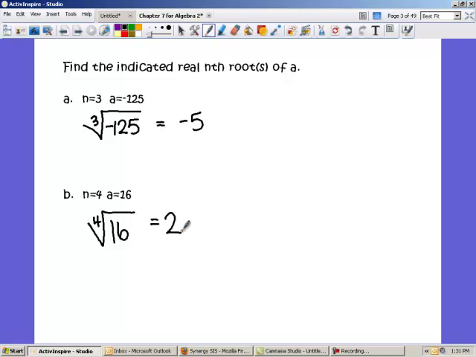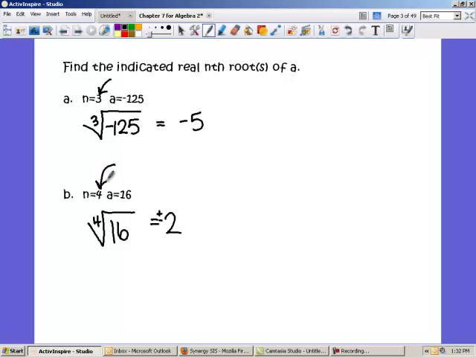Now, there's one slight difference here. We know that with cube roots, we cannot have a plus minus, but with a 4th root, we can. So here's just a basic rule. If your root is an odd number, remember that you will never have a plus minus. It'll be either or.